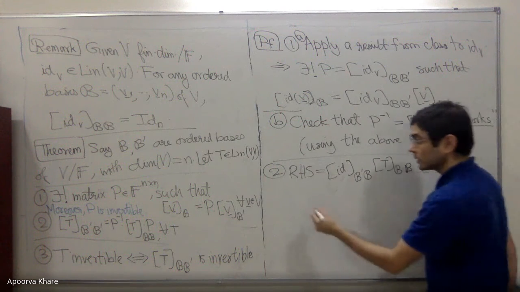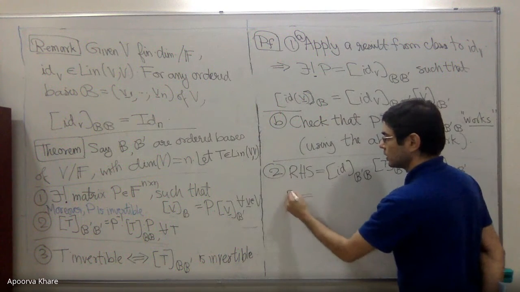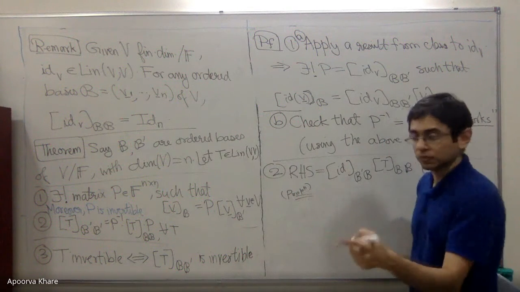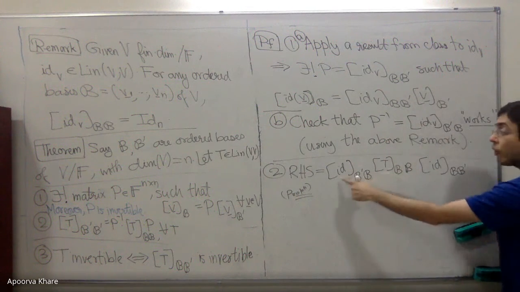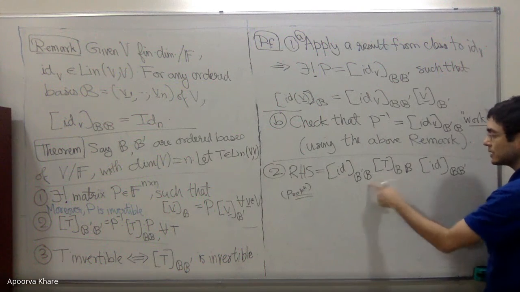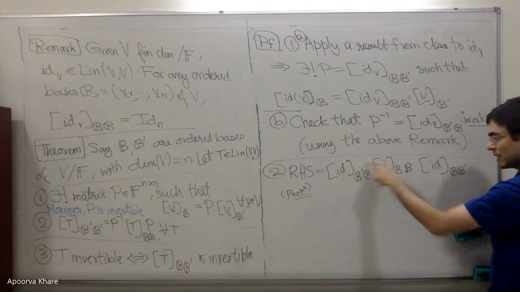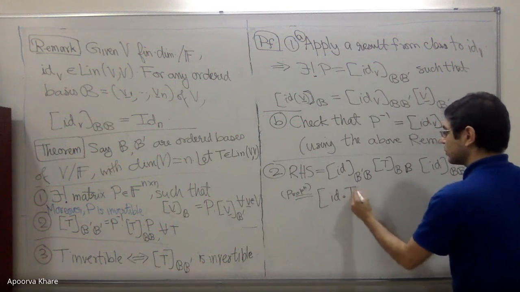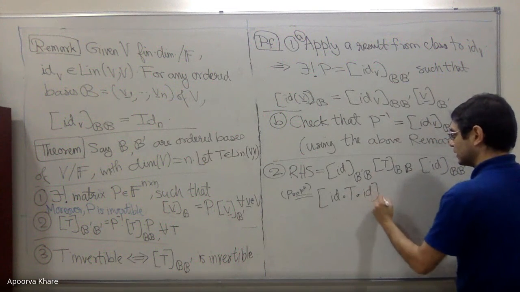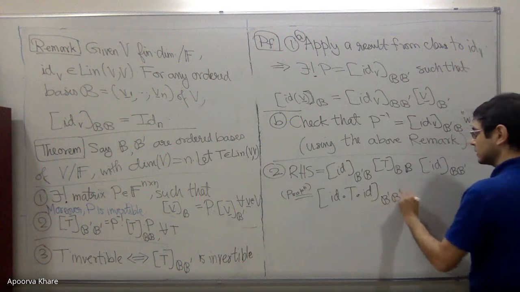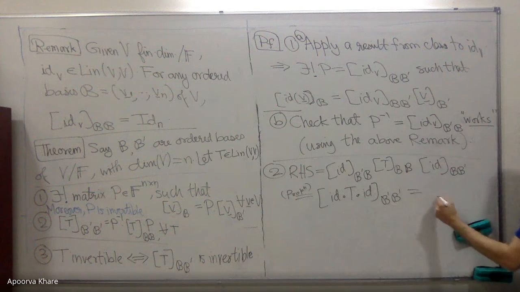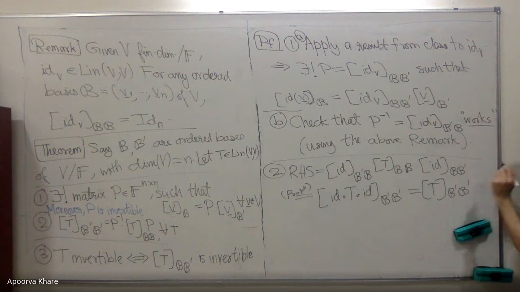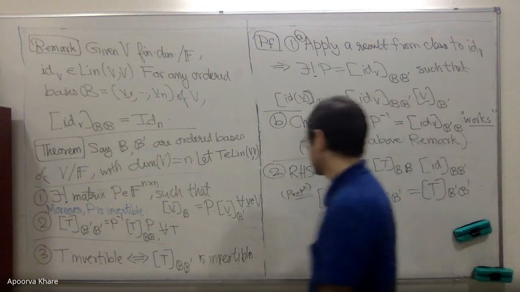And now you can apply the proposition that we just proved, which was that if you multiply two matrices of linear transformations and the bases are compatible, then that's the same as composing the transformations. So this is really identity composed with T composed with identity, and it's B dash, B dash. But of course, identity composed with anything is that thing. So that's why this is true.